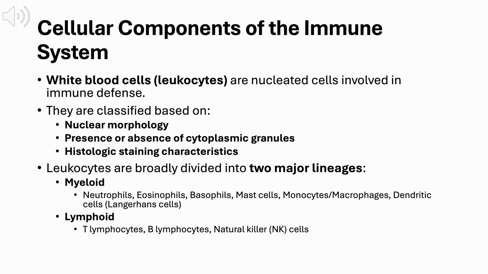The myeloid lineage includes neutrophils, eosinophils, basophils, mast cells, monocytes and macrophages, as well as dendritic cells, such as Langerhans cells. The lymphoid lineage includes T lymphocytes, B lymphocytes, and natural killer cells. This classification is important because each lineage contributes differently to innate and adaptive immunity, and each can play a distinct role in ocular inflammation.